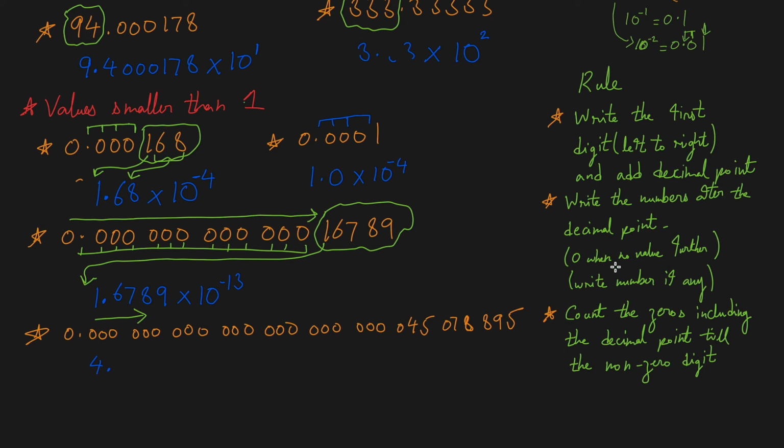Now 0 when no value further, but we will write, because they are given, 4.50788895. Introduce the multiplication sign and write 10. Now what will be the power of it? We will calculate the zeros including the decimal point until we have the very first digit that we write here, 4. So how many will it be?